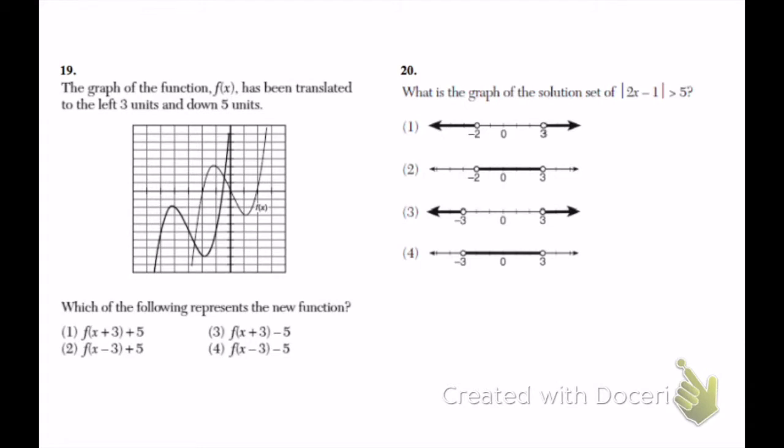Alright, the graph of the function f of x has been translated to the left 3 units and down 5 units. Which of the following represents the new function? Again, when something is translated to the left 3 units, and down 5 units, we know that this would be a minus k. So let's look at our choices.